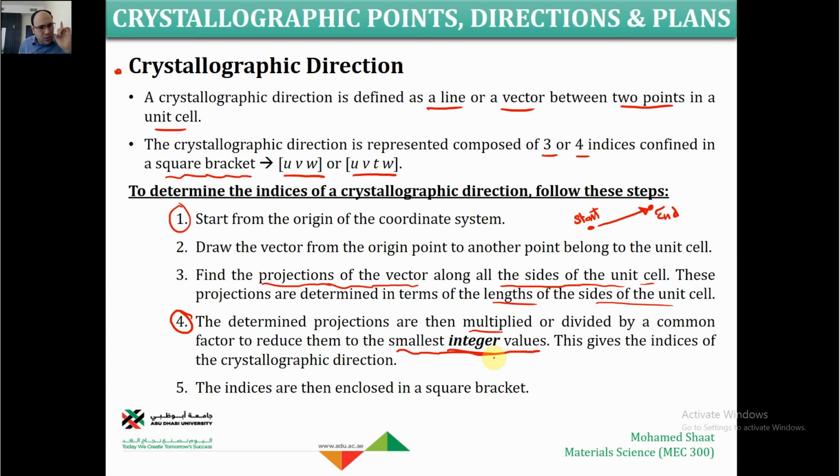You have to seek the smallest integer set. You choose an integer and multiply all the indices together by the same number so that all of them are integers. This gives the indices of the crystallographic direction. Then we enclose them in a square bracket without any commas. So this is the procedure.